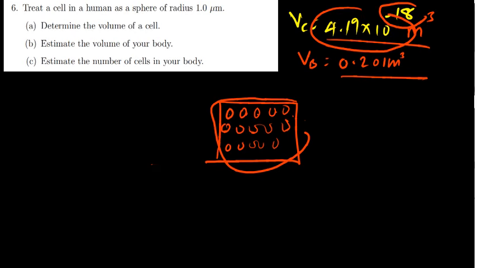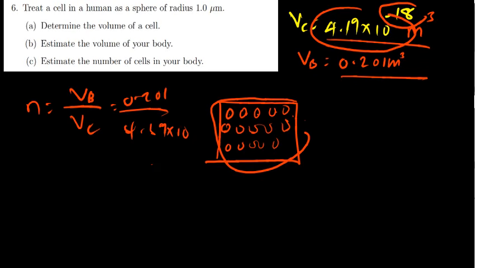Exactly. So the number of cells is going to be the volume of the body divided by the volume of the cell. Then you are going to get the number of cells. So you just get 0.201 divided by 4.19 times 10 to the power negative 18.